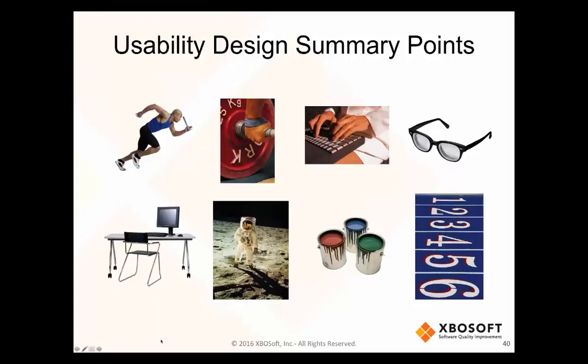Here's kind of just a summary, and the reason I have the running man up on the left is that it has to do with thinking about what the user is doing. The guy that's lifting weights, right? Obviously, he's a big guy, so you may want to think about the size of people's fingers. The next one is a doctor, right? Doctors may use an application differently than a nurse, even though it's the same application. And then you have the eyeglasses there, and a lot of our user population is now getting older, so you have to think about the age of your user groups.